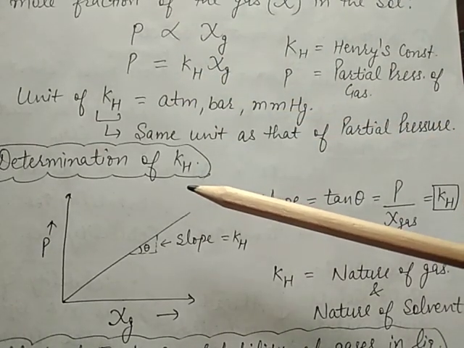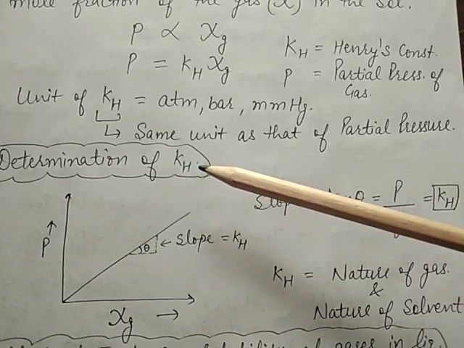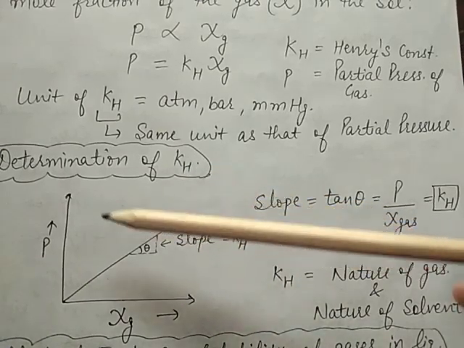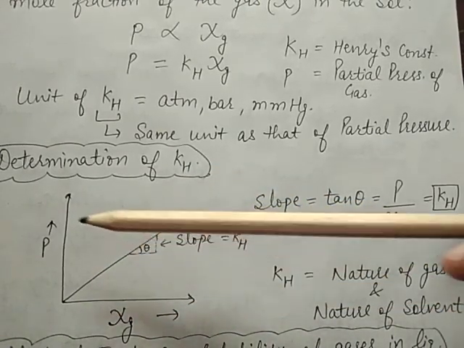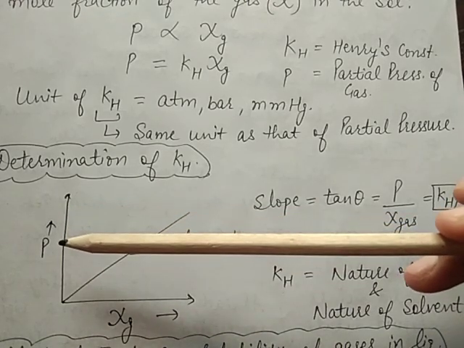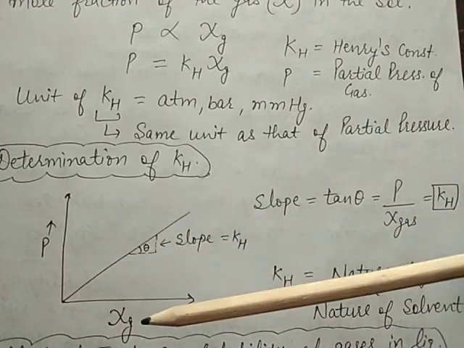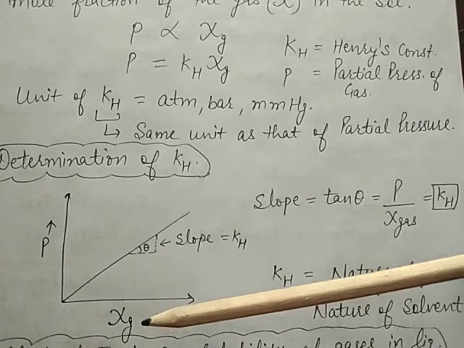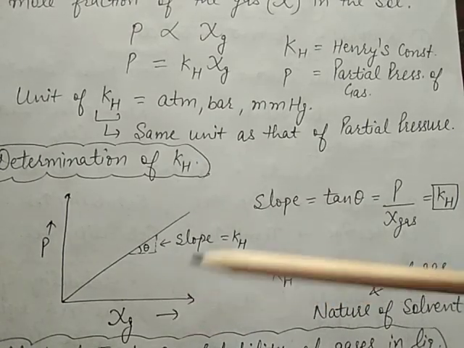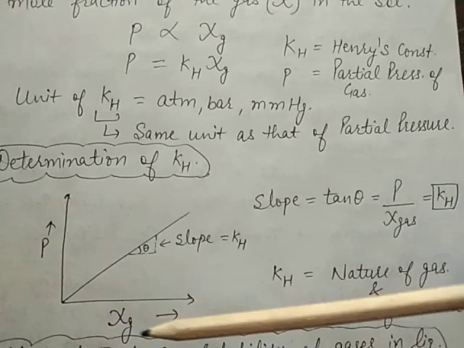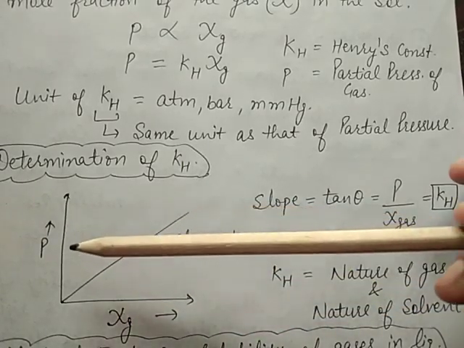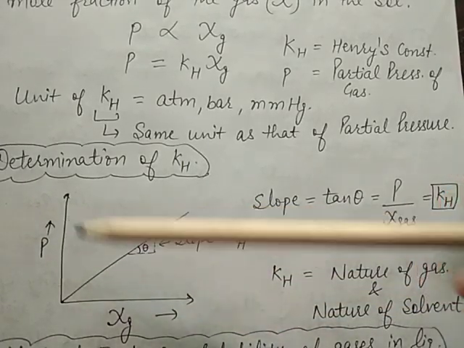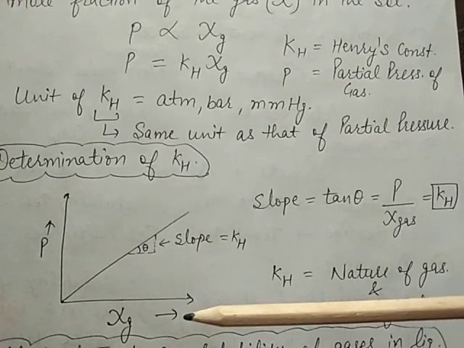Now how will you determine the value of Kh? We plot a graph of partial pressure versus mole fraction of a gas, and it shows a straight line graph because as the partial pressure increases, the mole fraction also increases.